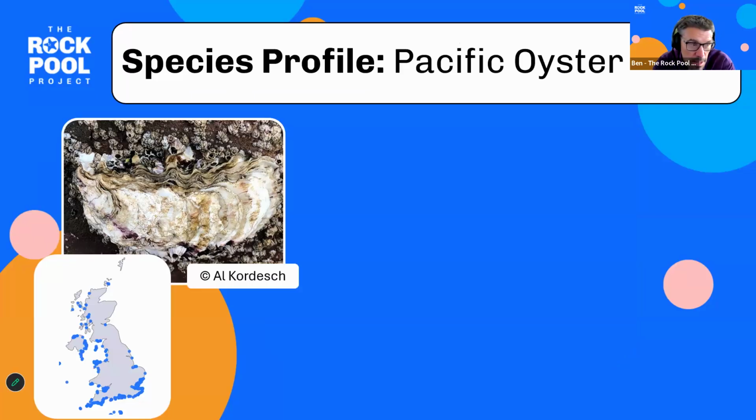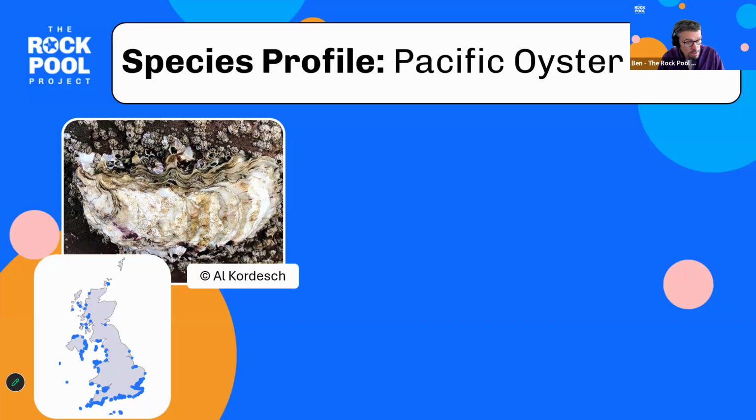Okie dokie. Next one, another big player down here in the south, which is spread elsewhere in the country, the Pacific oyster. So this one is a bit of a tale of woe when it comes to UK non-native species because it was actually deliberately introduced into the UK for agriculture purposes.